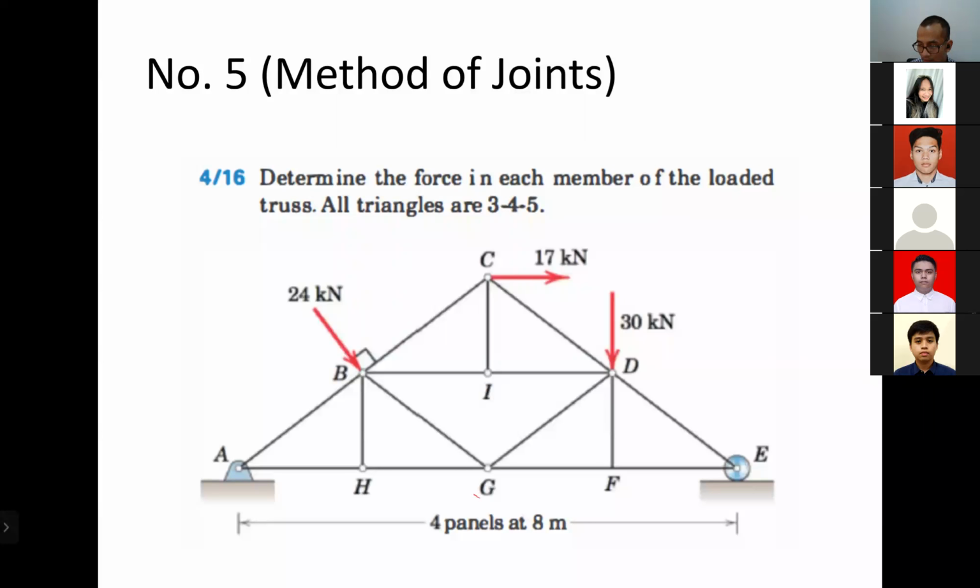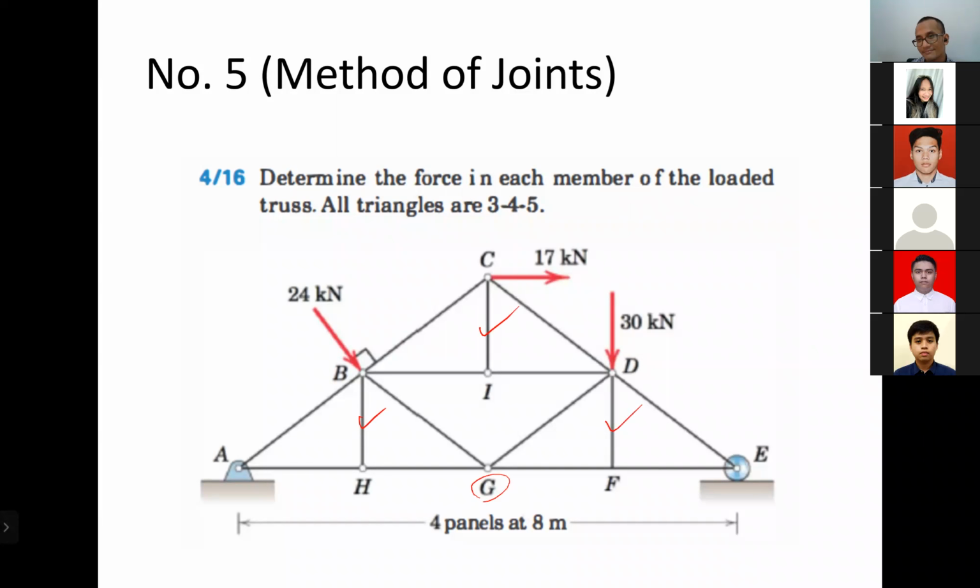Yeah, G, zero force member. I also find BH. BH. What else? And then CI. CI. What else? DF. Yeah, that's all. Oh, yeah, correct.